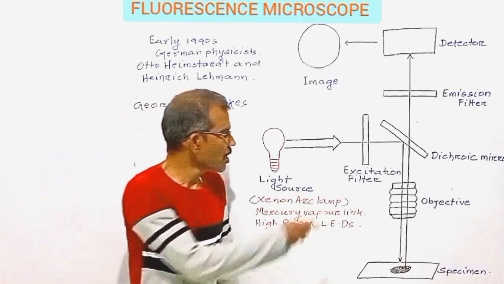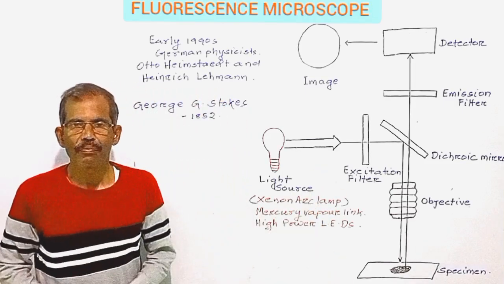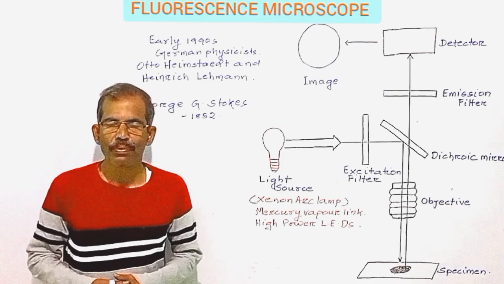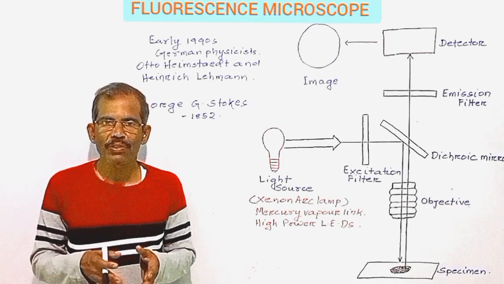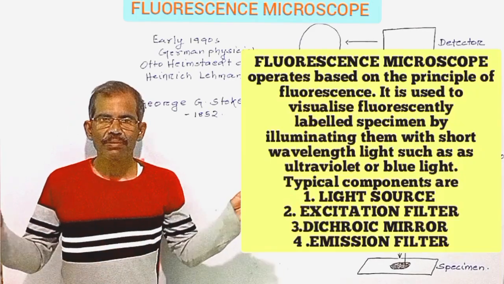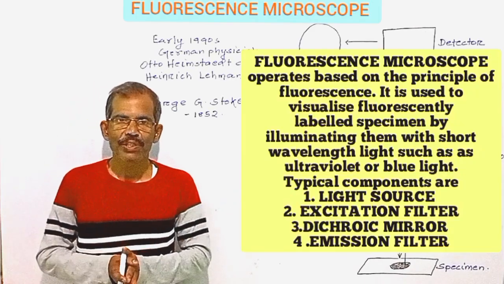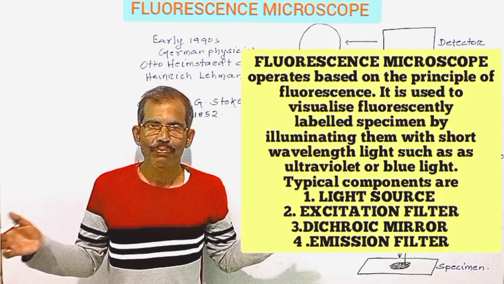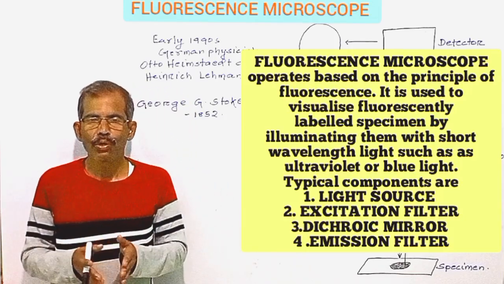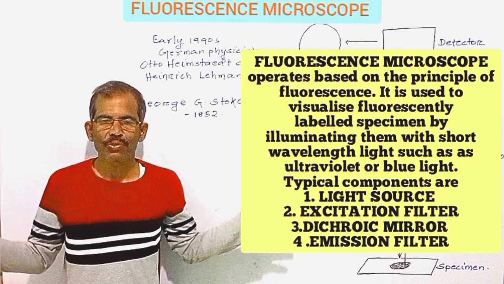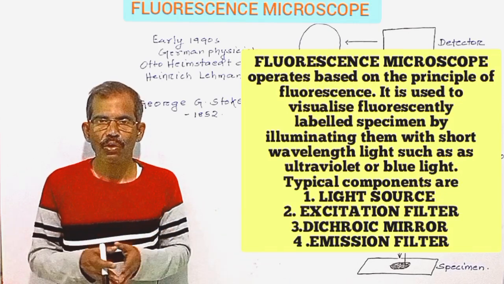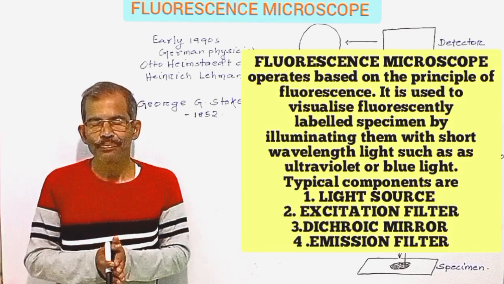This figure illustrates the principle of fluorescence microscope, which operates based on the principle of fluorescence. In fluorescence microscopy, specimens are stained with fluorescent dyes known as fluorophores that bind to specific structures such as proteins or nucleic acid.